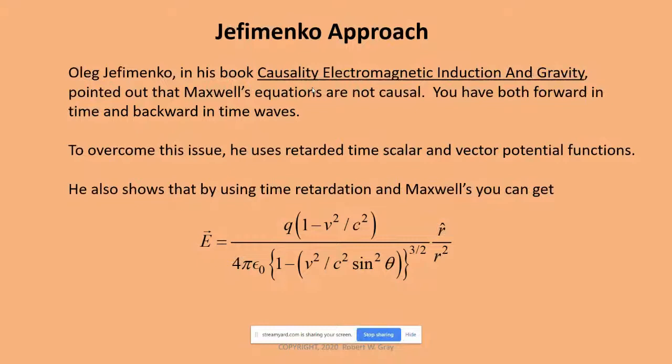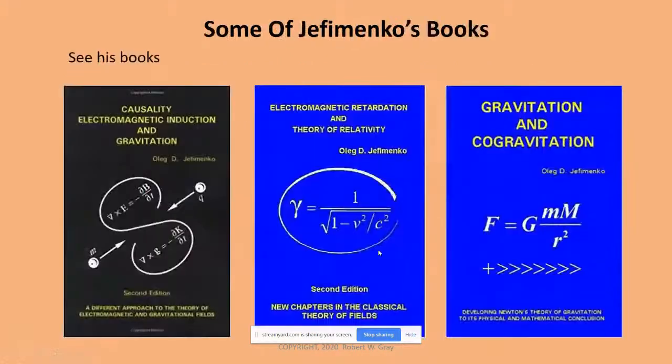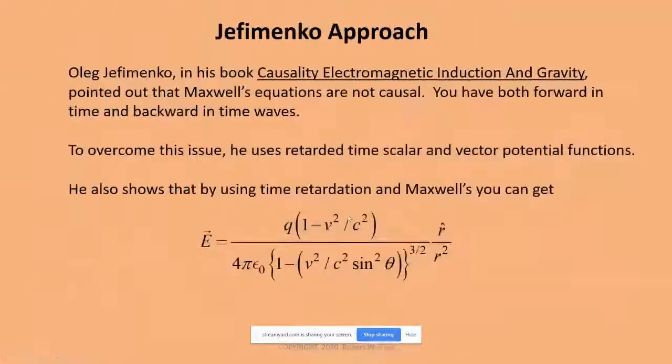So Jefimenko introduces his retarded time and fields and scalar and vector potentials. A lot of Jefimenko's work is about introducing time retardation into classical electrodynamics, because he's correcting this causal problem with Maxwell's equations. And when he does that, he too can derive this equation, again, without the special theory of relativity.